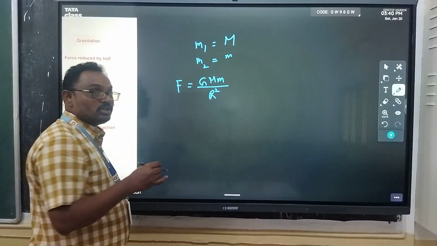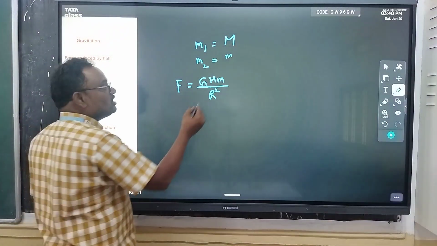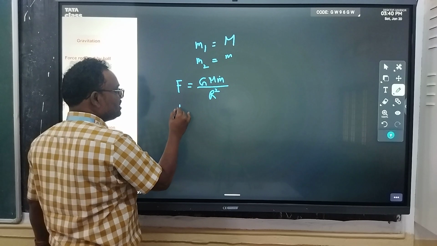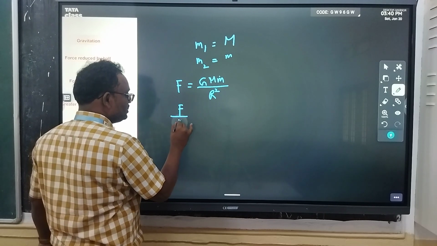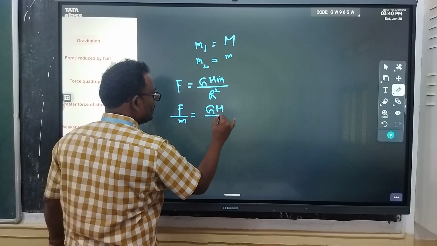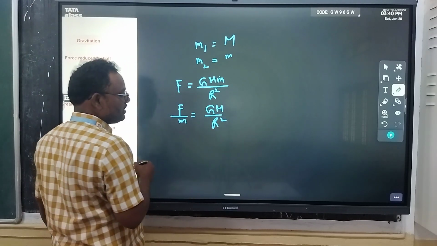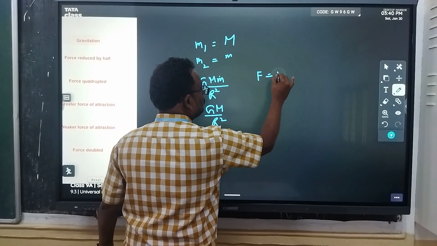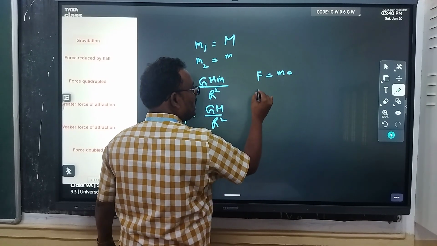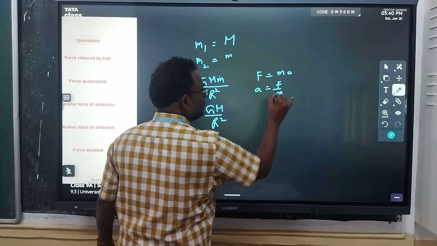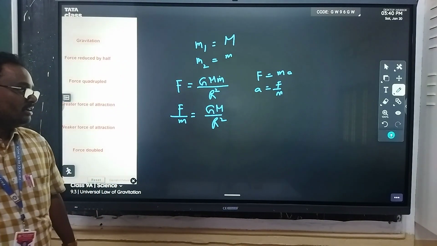Now according to Newton's second law of motion, if you transpose this m to the left side, F by m is equal to G M by R square. Here, F is equal to ma and a is equal to F by m.